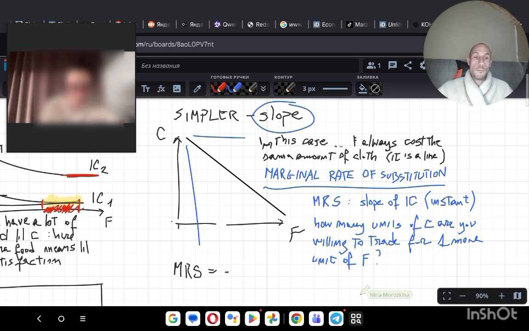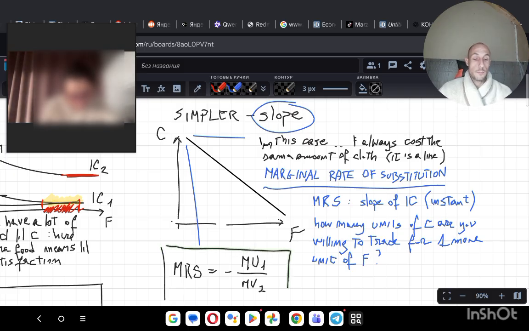But how do we decide if it's 1 divided by 2 or 2 divided by 1? Well, in this case I can tell you that tea we call x1, and sugar x2.